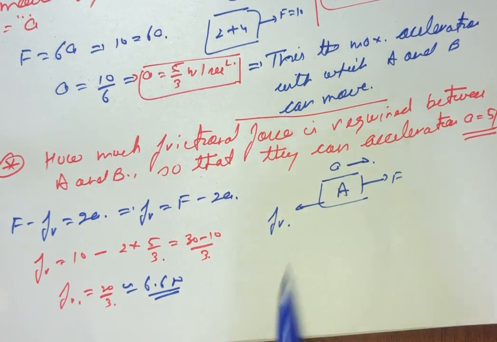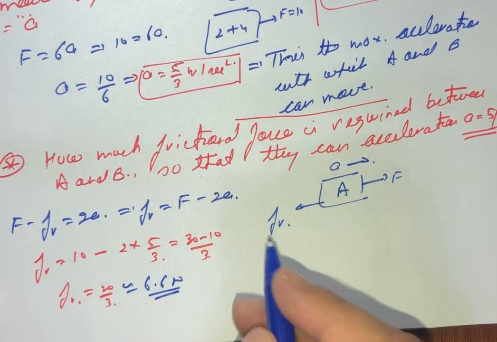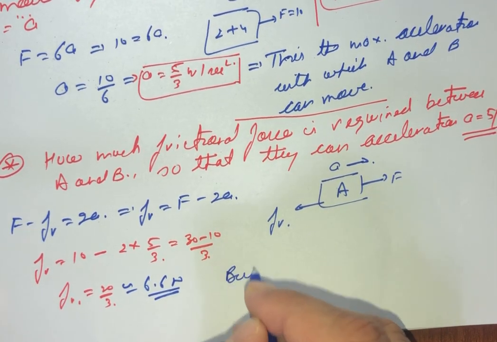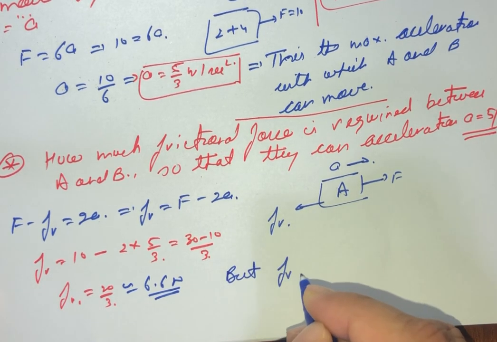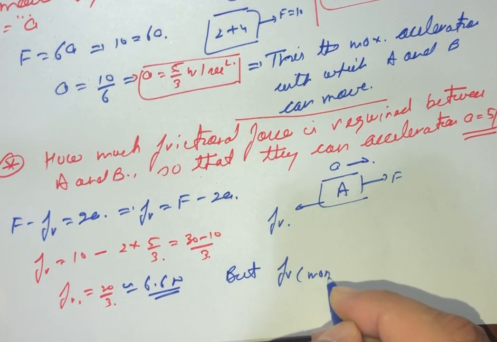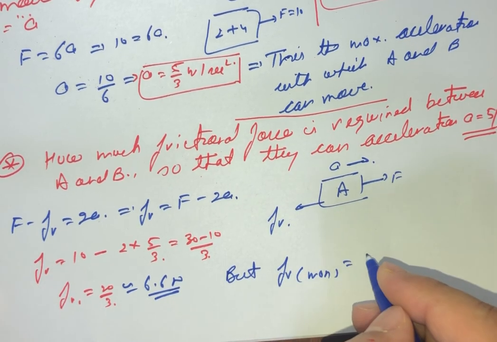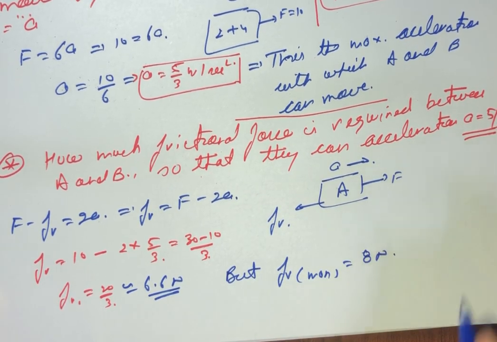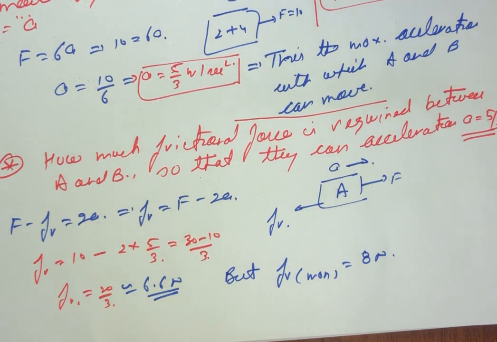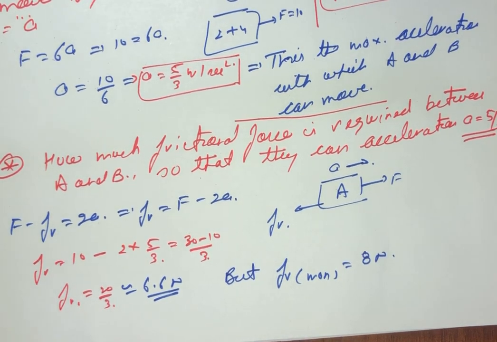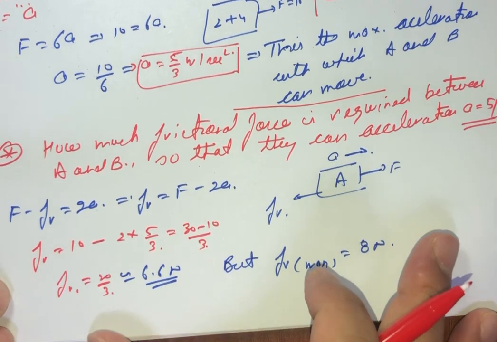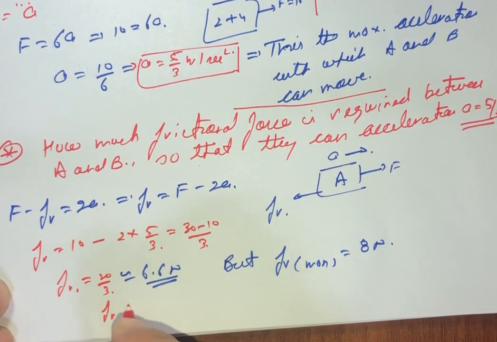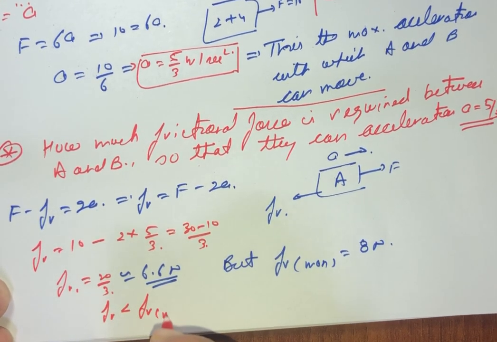And we know the maximum, we have Fr max is equal to 8 Newton. Okay, so if you make a comparison, Fr is less than Fr max.